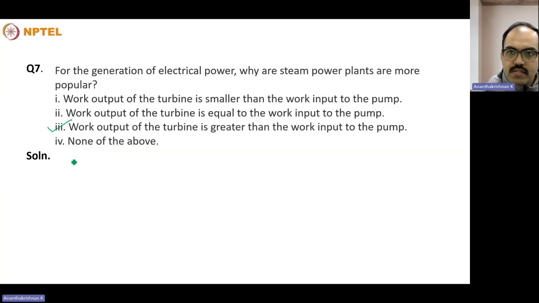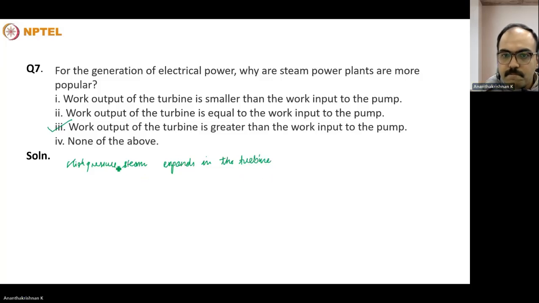So in this case of generation of electrical power, the high pressure steam expands in the turbine. High pressure, high temperature steam expands in the turbine to produce work.